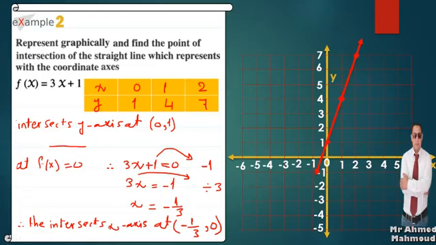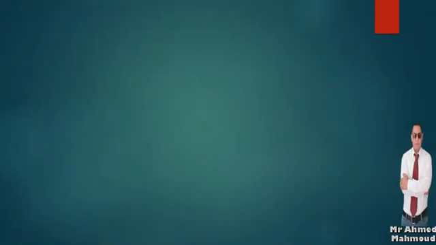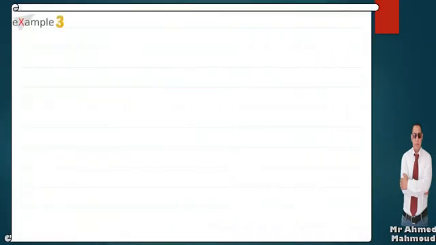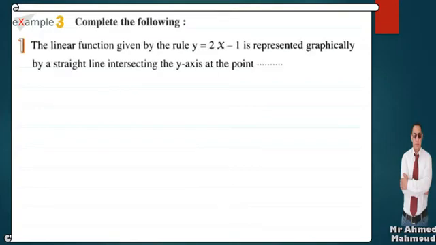The next example, example 3, number 1: the linear function given by the rule y equals 2x minus 1, represented graphically by a straight line, intersects the y-axis at the point what?